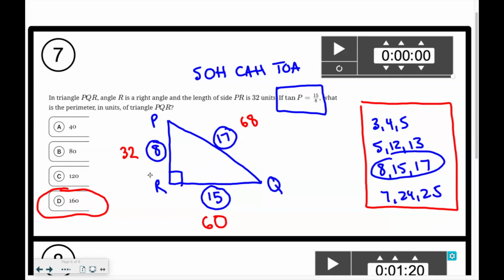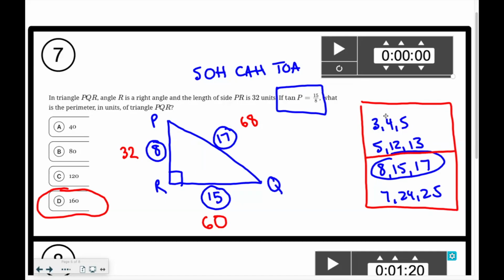As far as ones you typically see on SATs, ACTs, or in school in general, I think these are the most common, but there are other ones that show up as well. Like 9, 40, 41, I think, is one.